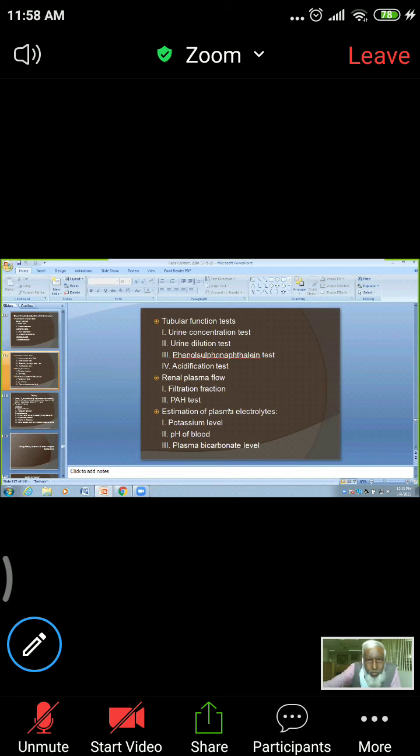Another important parameter for understanding the renal function is estimation of plasma electrolytes, including potassium level, and at the same time estimation of blood pH and plasma bicarbonate level. These tests ultimately help to understand the urinary abnormalities in renal failure and the abnormalities of renal functions.